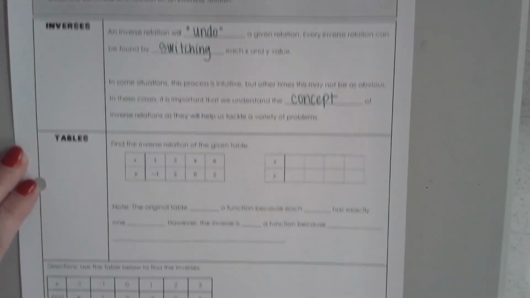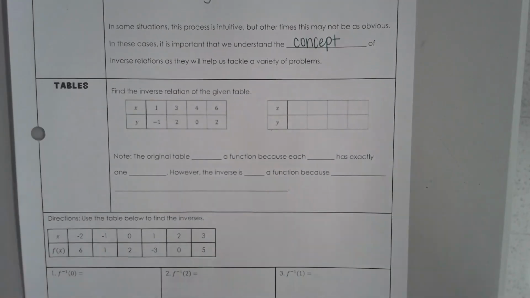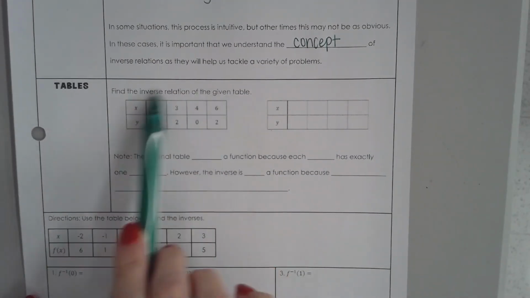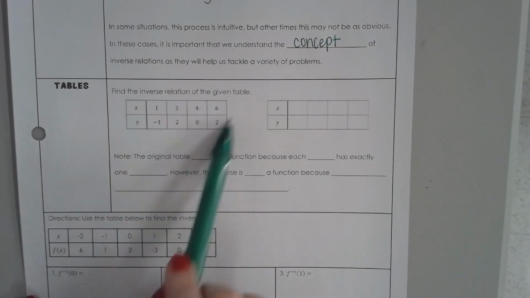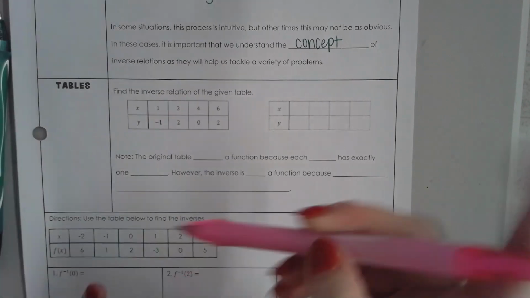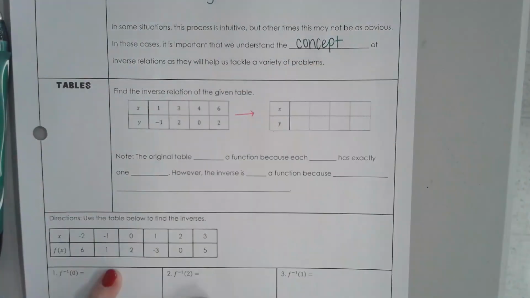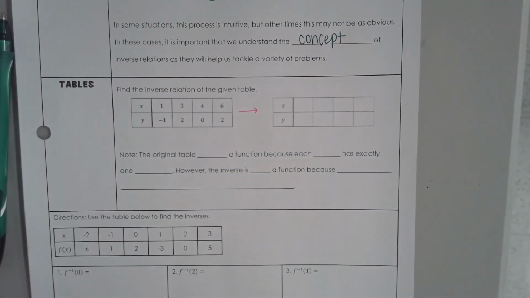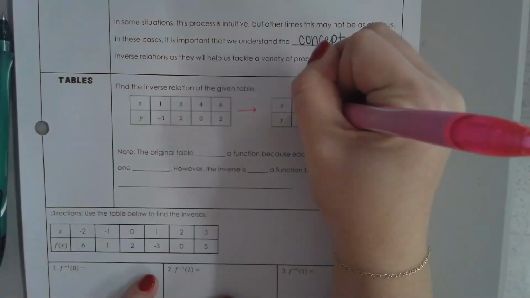So in tables, if this is my original relation and I want to find the inverse of it, the x's and y's are just switched.